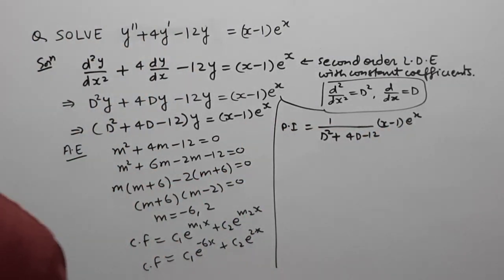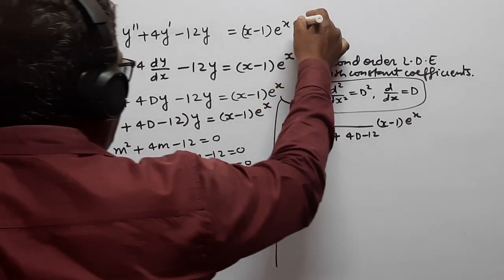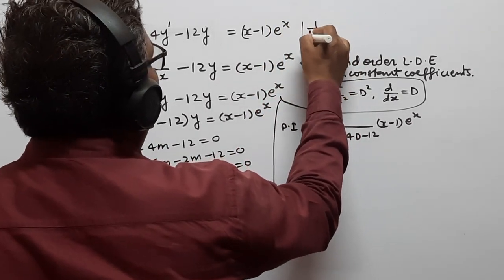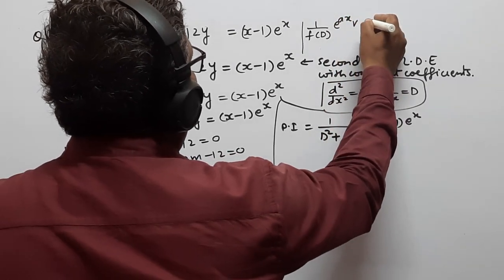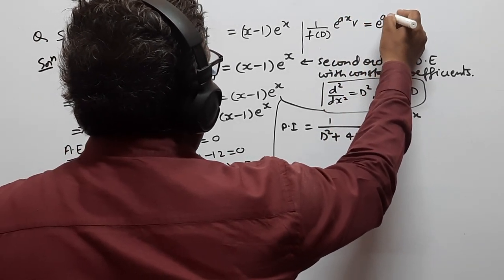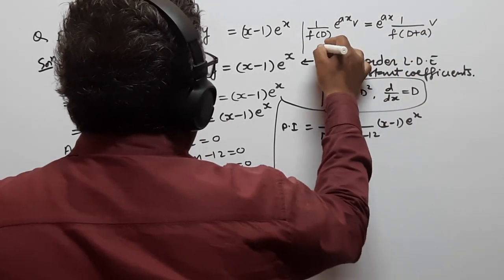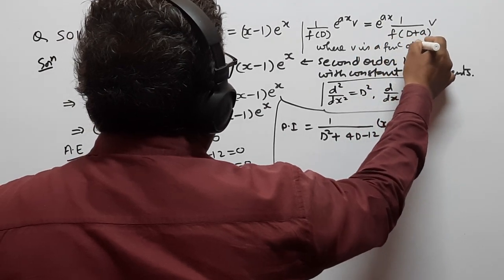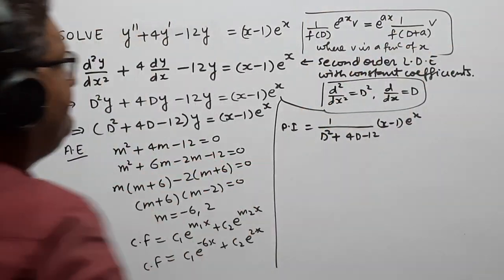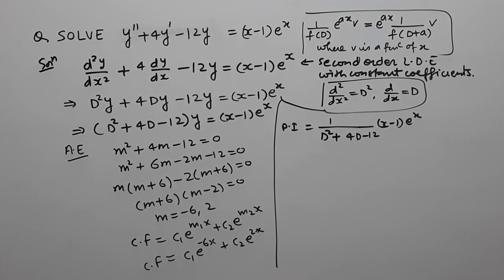Now we find the particular integral of this. You know the formula for finding the particular integral of e to the power ax times v is e to the power ax times 1 upon f(D plus a) of v, where v is a function of x. You can see we have to find the particular integral of e to the power ax multiplied by v.